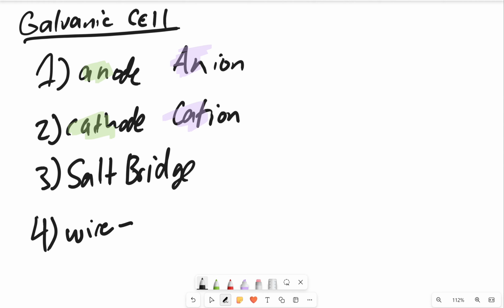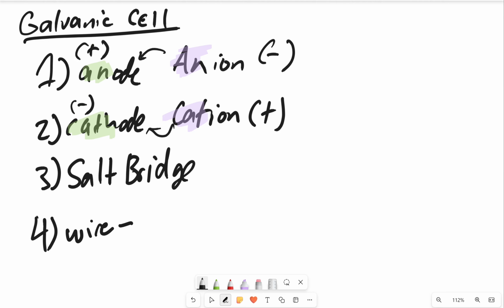Basically, what happens is anions are attracted to anodes, and cations are attracted to cathodes. So since we know that anions are negatively charged and cations are positively charged, we must know that the anode is positively charged and the cathode is negatively charged.